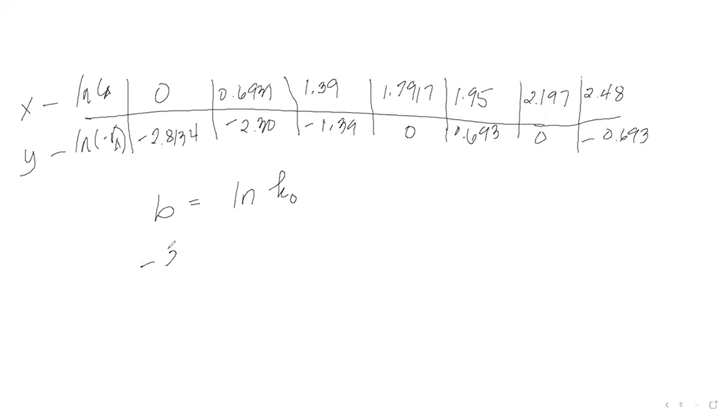Negative 2.8219. Again, negative 2.8219. So that would be our ln of k sub o. Kindly solve for k sub o.